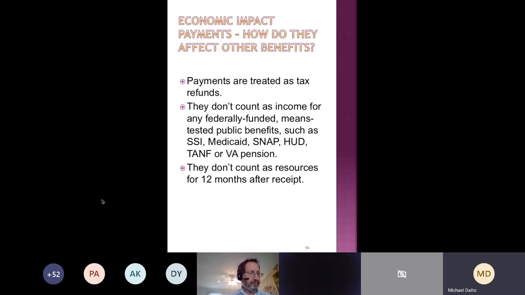SSI, for example, has a resource limit of only $2,000. But if a person gets an economic impact payment, it will not count against that resource limit for 12 months. So the person has 12 months to either spend it or to convert it to a kind of resource that doesn't count, such as depositing it into an ABLE account.